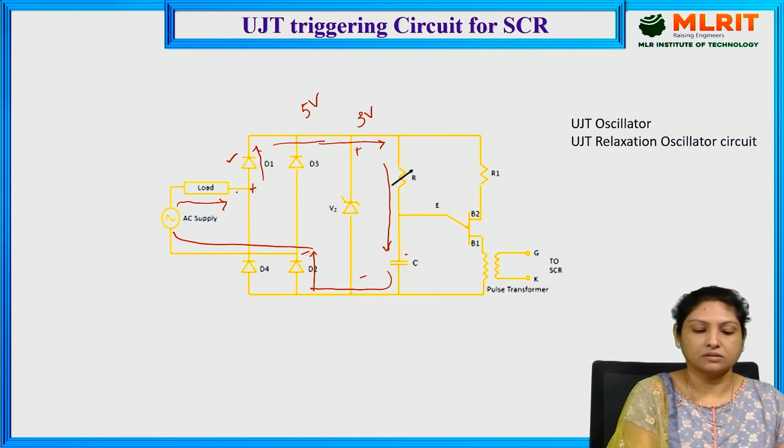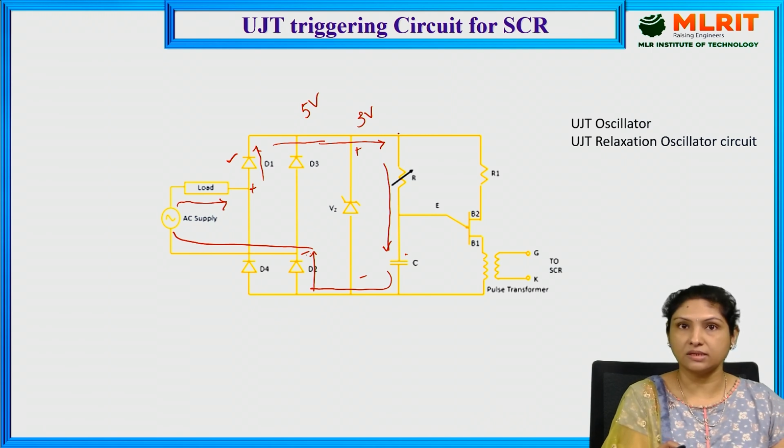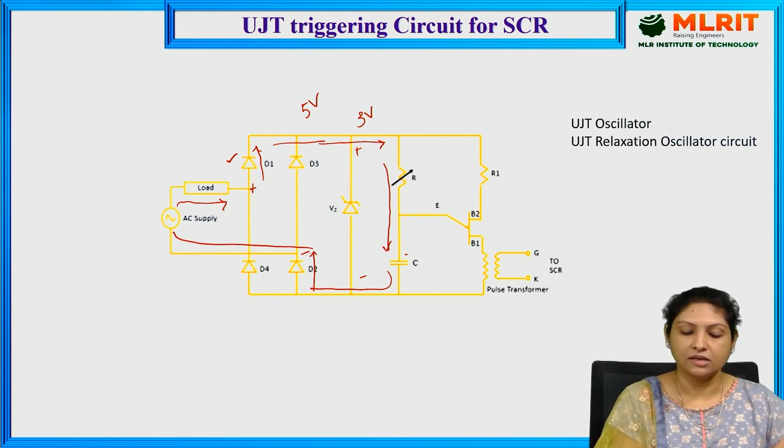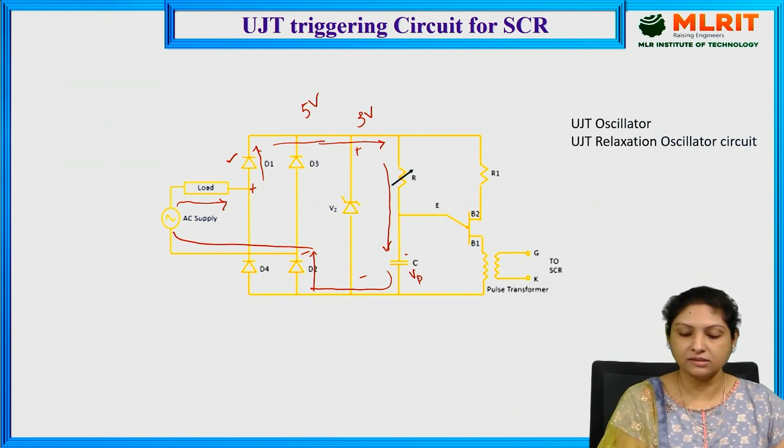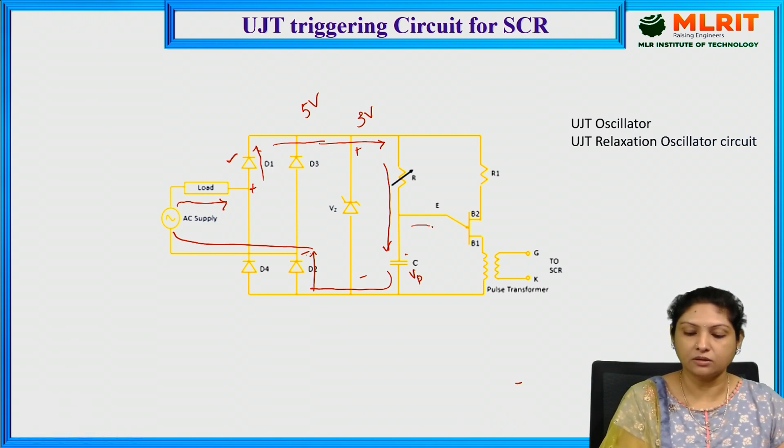Now see, from the rectifier, current flows to the resistor and only 3 volts is applied now, and the capacitor is charging. Once the capacitor reaches the peak voltage, say V peak, in that case this particular UJT will be turned on.